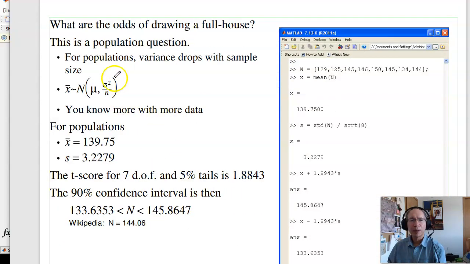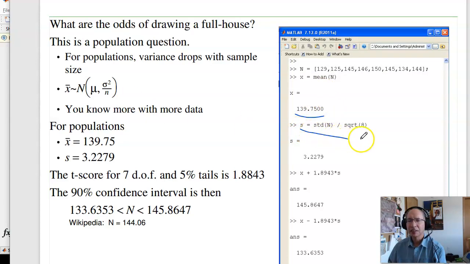That's a population. What's the population's average? For a population, the variance drops by the sample size, or the standard deviation drops by the square root of the sample size. So if I take the same mean and the standard deviation divided by the square root of the sample size, I get 3.22. Again, I've got 7 degrees of freedom, so 5% tails means 1.89. I need to go left and right 1.89 standard deviations.